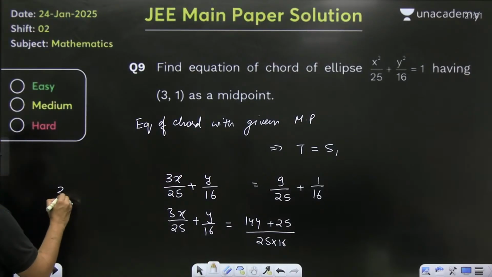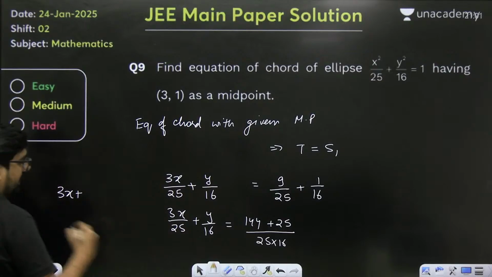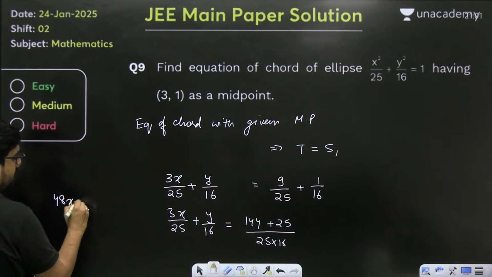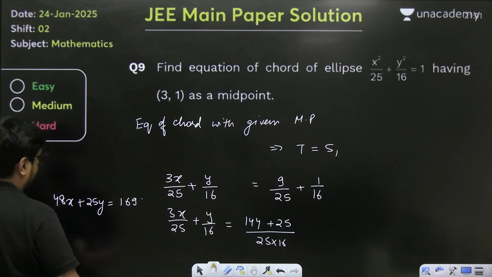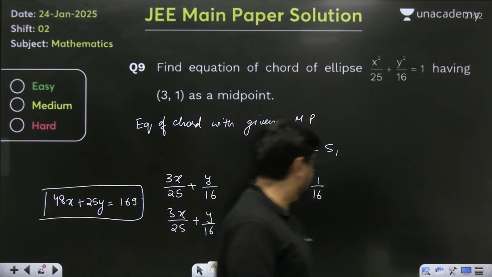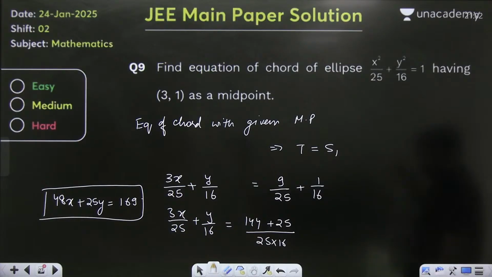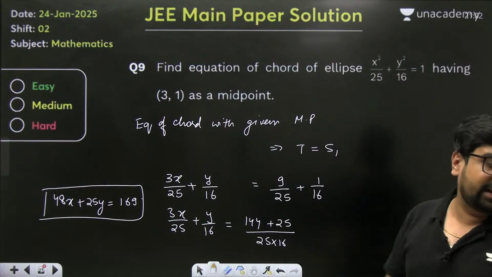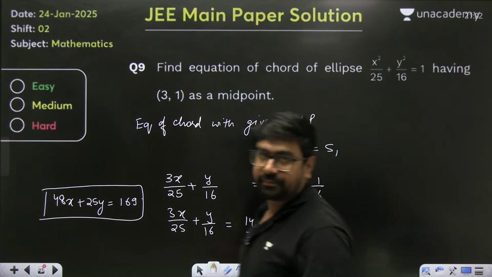So we are simply going to have 48x plus 25y is equal to 169. This will be our equation of chord, because 25 into 16 and 25 into 16 will get cancelled. 48x plus 25y will be equal to 169. Very direct question this is.